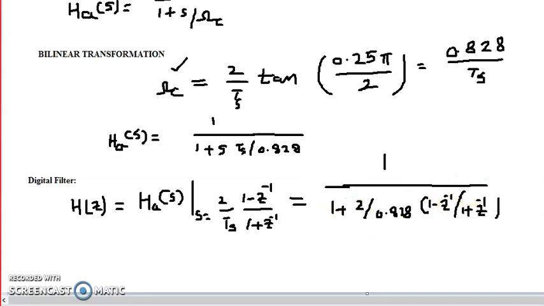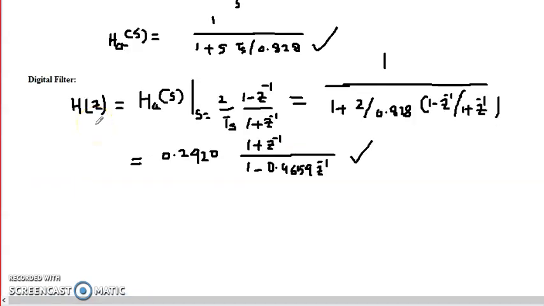This will be the transfer function for the digital filter. And when we simplify it, with a little bit of calculation, we will get it to be (1 plus z raised to power minus 1) over (1 minus 0.4659 z raised to power minus 1).